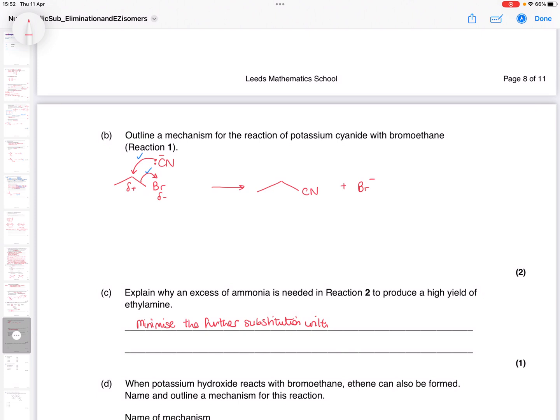So it's a further substitution with the product amine acting as a nucleophile and reacting further. If we make sure there's a high excess of ammonia, that is less likely to happen.